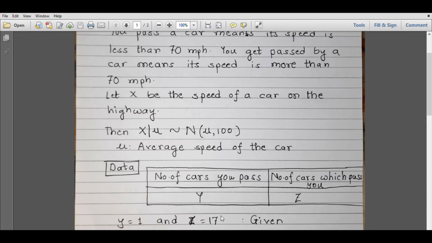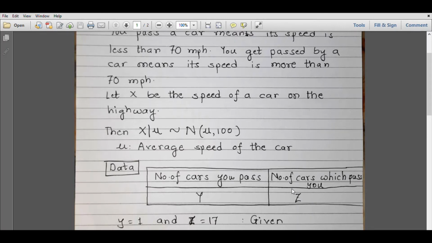Now if you observe carefully, it looks like we are classifying every car into two categories, either this category or this category. So each car will either belong to this or this, meaning it will get counted either in y or in z. So it is as if we are dealing with a multinomial distribution with just two cells.